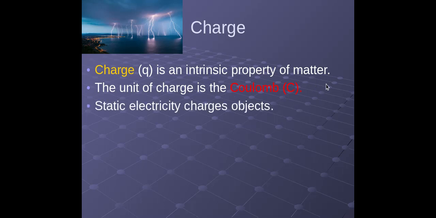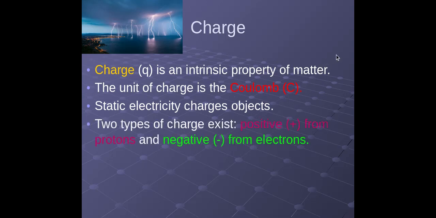So static electricity is just an operation that charges objects with this electric charge. Charge comes in two types, just arbitrary opposite words. We use positive and negative for our two charges, but those are, again, just arbitrary.